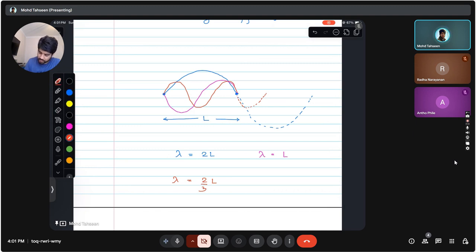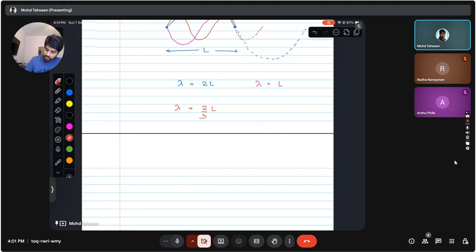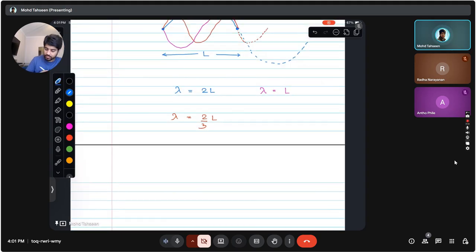So these are the kind of wavelengths that this new string can support once we confine it.